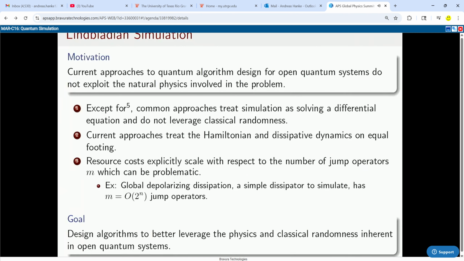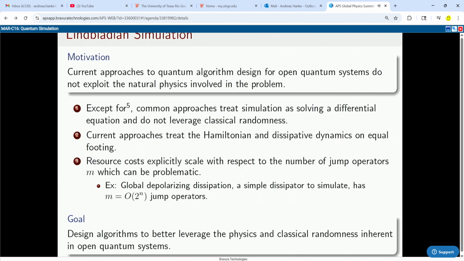So the motivation behind this project was when we were originally looking at these various different approaches used to simulate Lindbladians, the one thing that was common between all of them was that they don't really seem to exploit a lot of the natural physics involved within the Lindbladian, and more specifically, they don't exploit the fact that this dissipator term in the Lindbladian has classical randomness naturally baked into it, because we're modeling an open quantum system where this environment has some classical stochasticity baked into it.